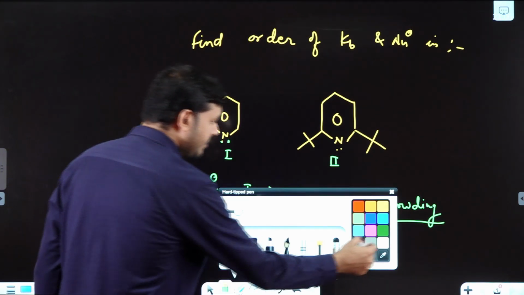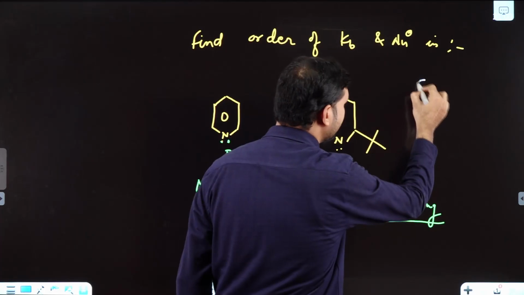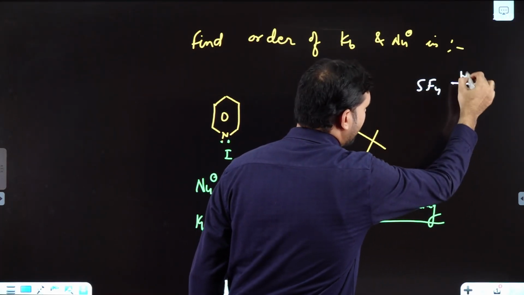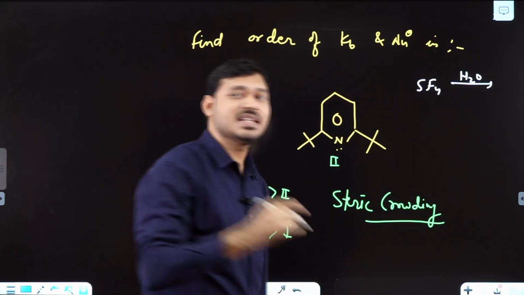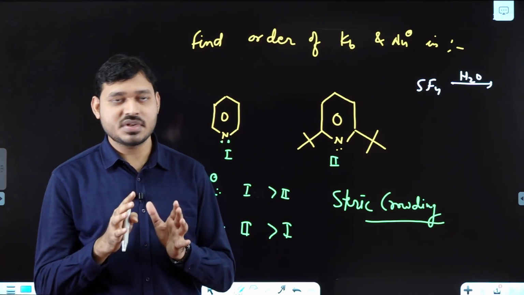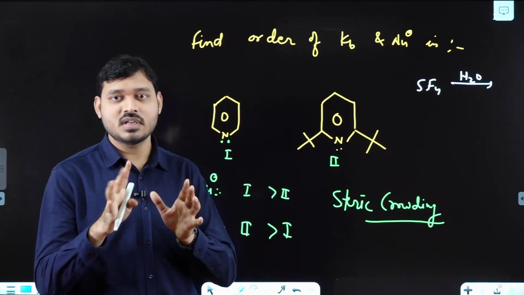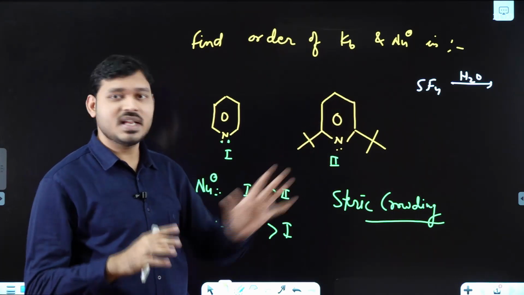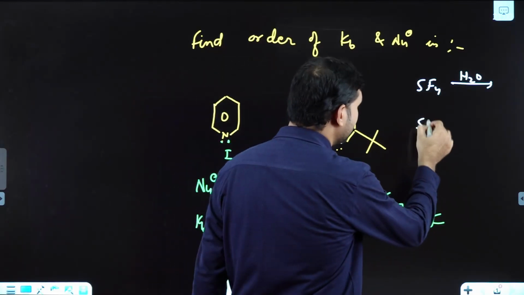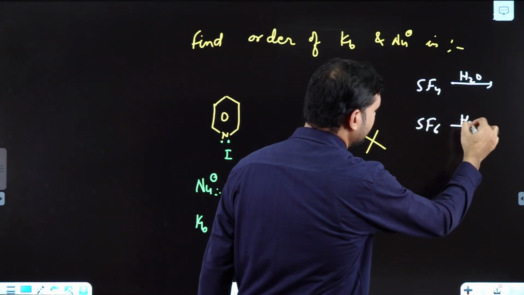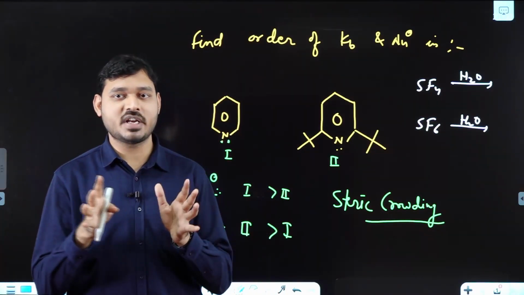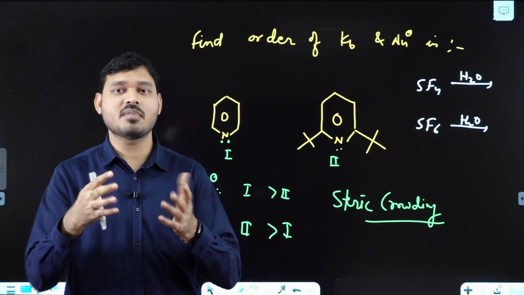I'm just giving you a very small example. What happens if you check SF4? The attack of water on SF4 is very easy. Sulfur has 6 electrons in its valence shell, forms 4 bonds and 1 lone pair, so it is very easy for H2O to attack SF4. But with SF6, it has octahedral geometry, so H2O is unable to attack from any side.